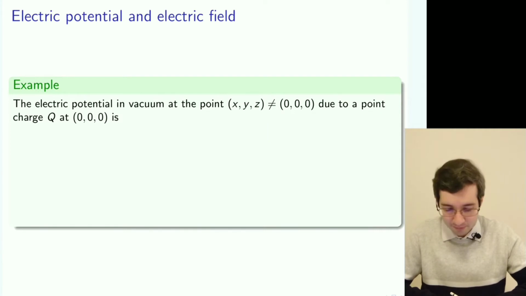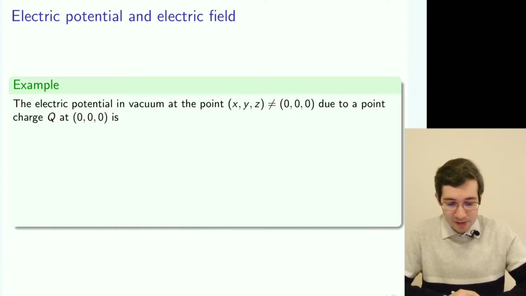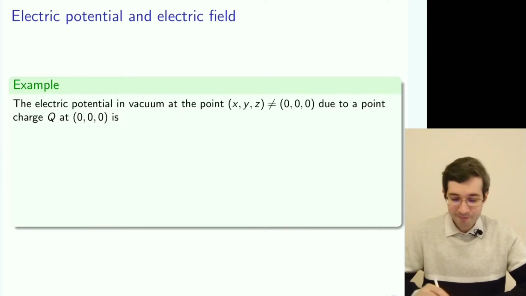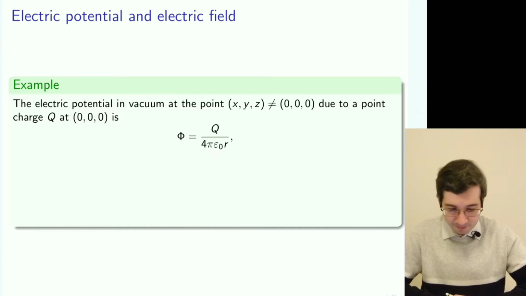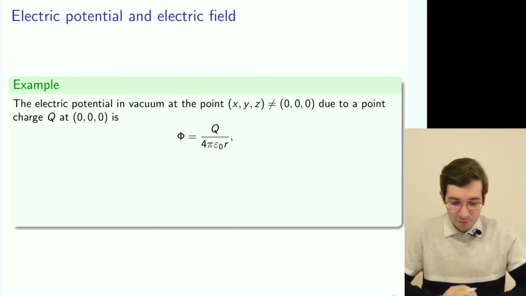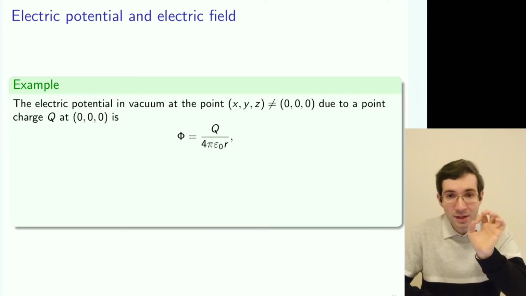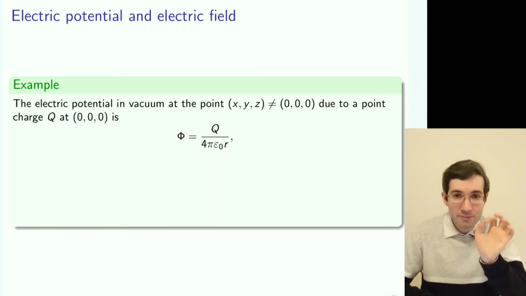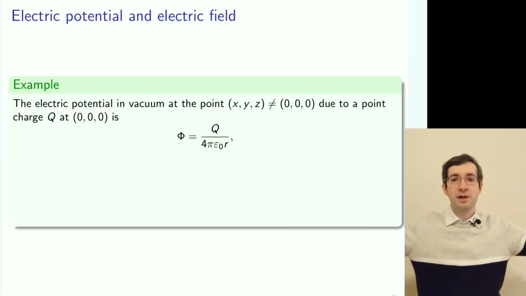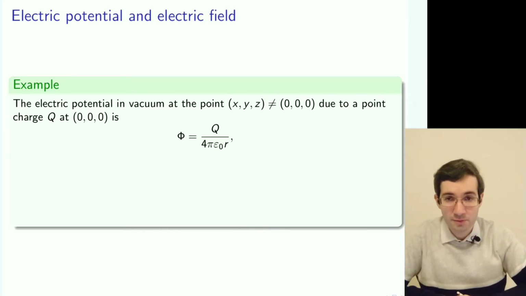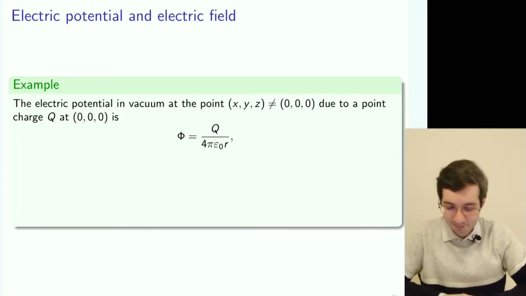Let's look at the example. Let's take an electric potential at the origin for a point charge. Point charge means that you have really small size of your charge relative to the size of your area of where you conduct your experiment.